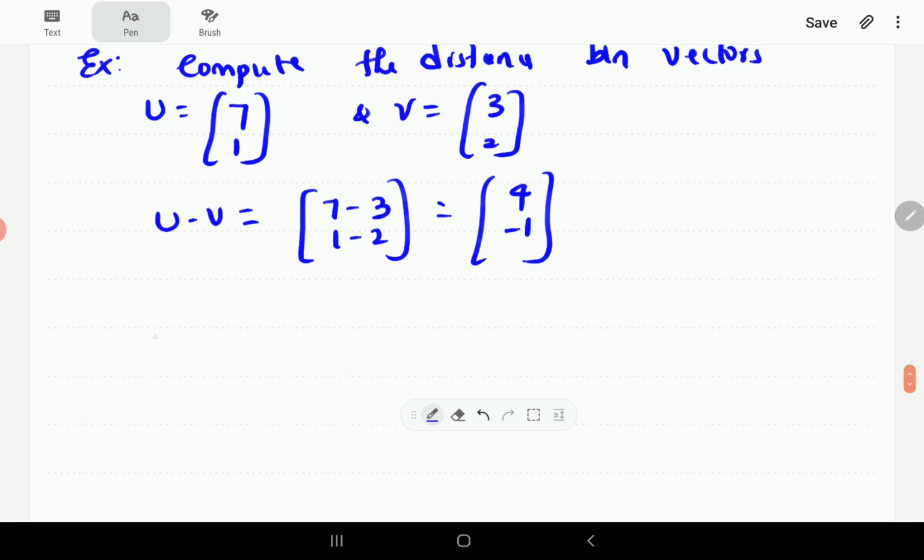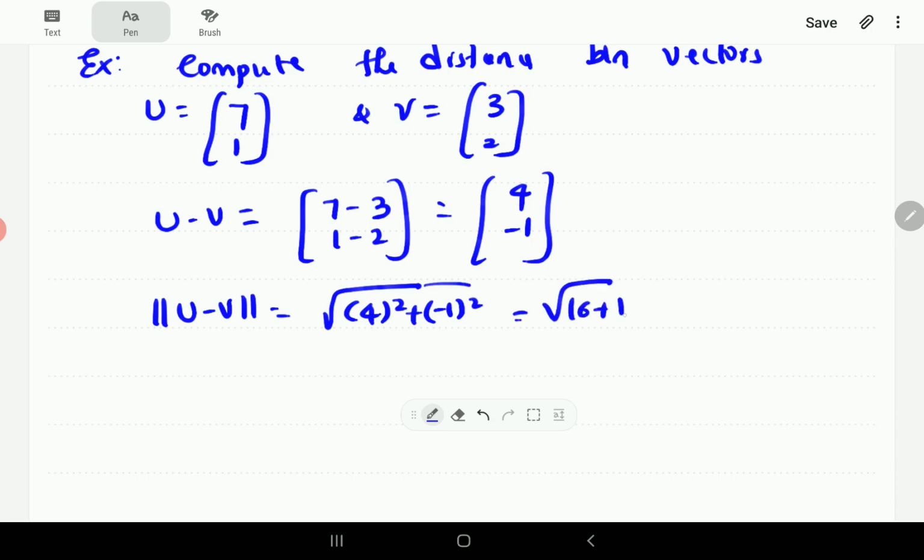So what is the distance? It is the norm of u minus v, which is the square root of 4 squared plus (-1) squared, which is 16 plus 1, which is root 17. That is the distance between the vectors u and v.